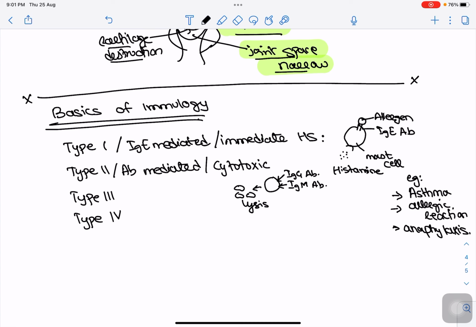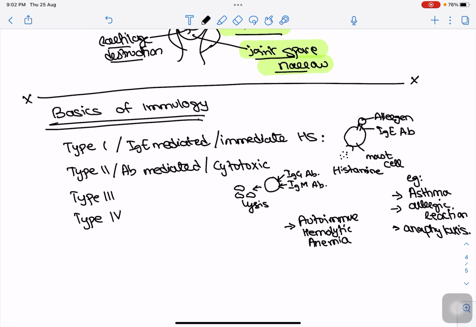Examples for this kind of reaction are autoimmune hemolytic anemia. In that disease there is a breakup of red cells, just because of the antibody that binds to the surface of the red cell membrane and leads to the breakup of the cell.